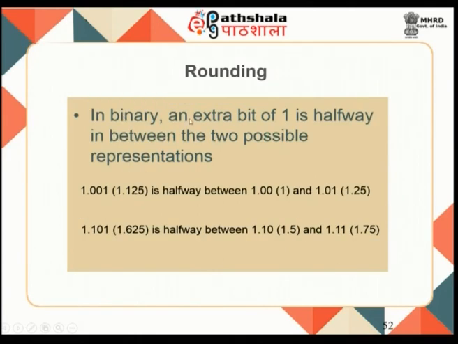In binary, an extra bit of 1 is halfway between the two possible representations. For example, 1.001, which is 1.125, is halfway between 1.00 and 1.01. Similarly, 1.101 is halfway between 1.10 and 1.11.